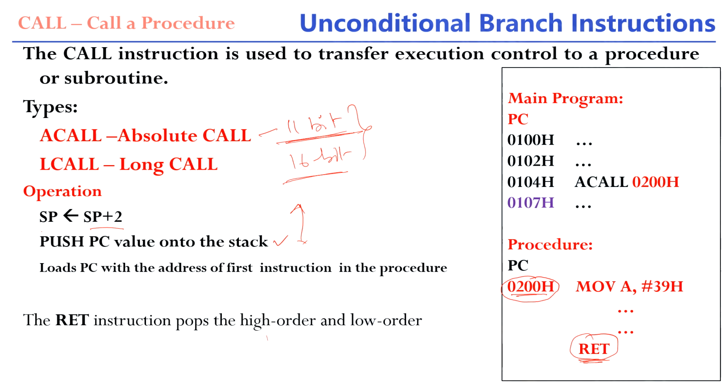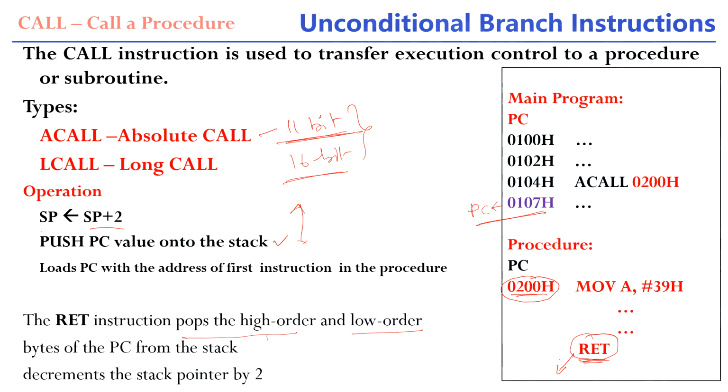While returning from the procedure, the return instruction must be there, which is used to pop the higher order and lower order bytes from the stack, that means to retrieve the PC value from the stack. The return instruction also decrements the stack pointer by 2. This is the operation of the ACALL and LCALL instructions.